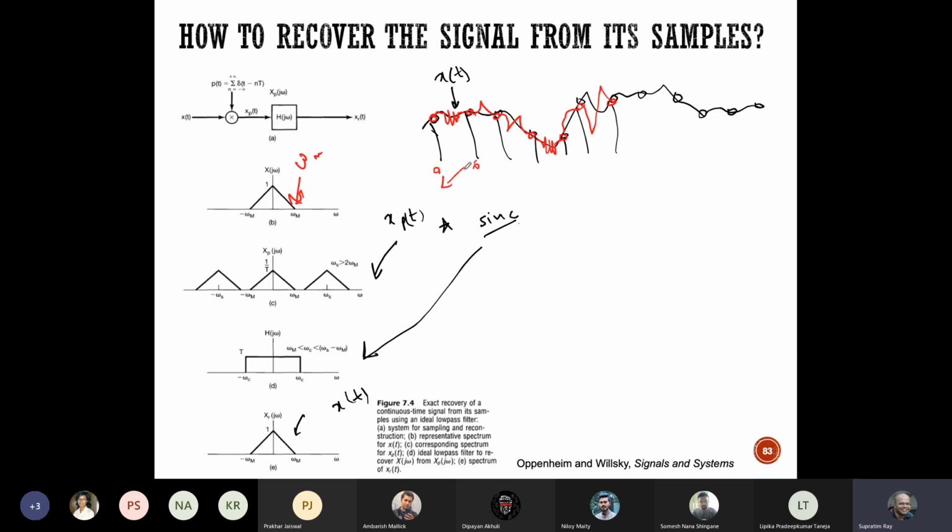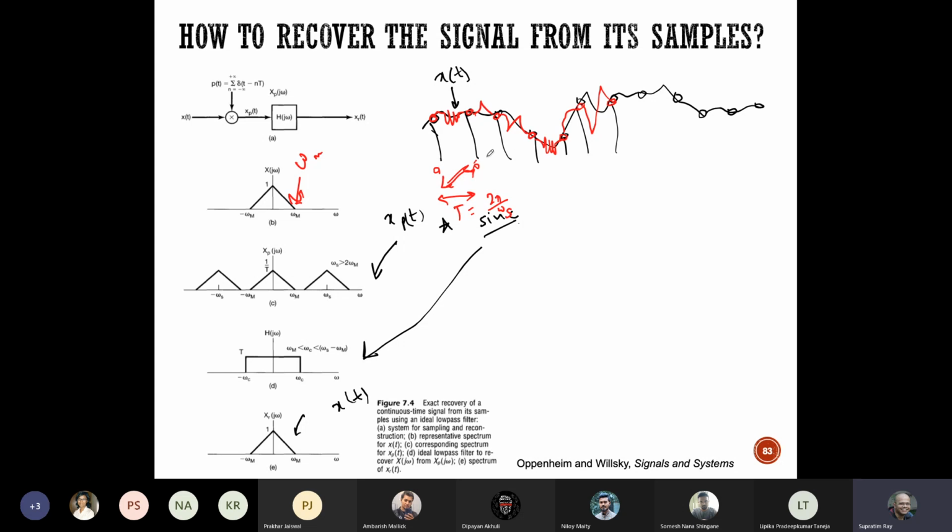Okay, so this sampling frequency here is your, sorry, T is the sampling period, which is 2 pi by omega s.